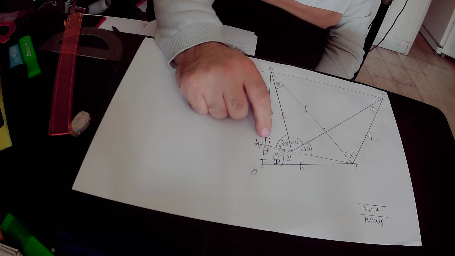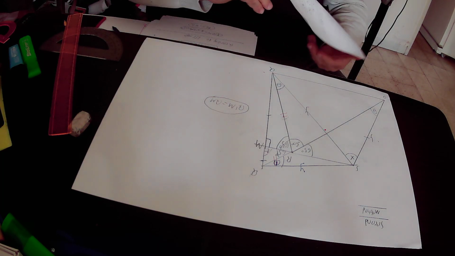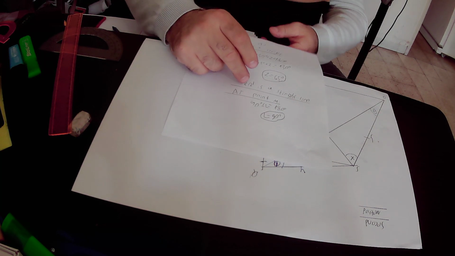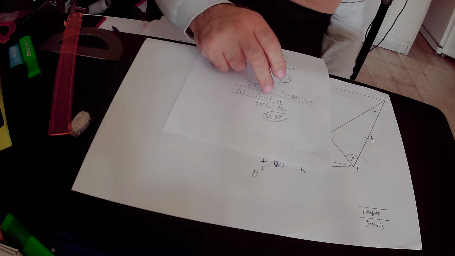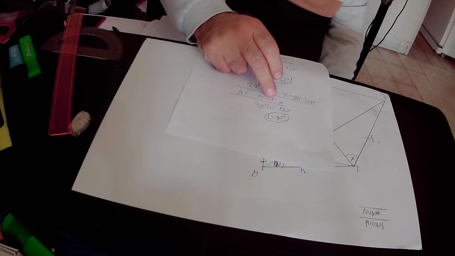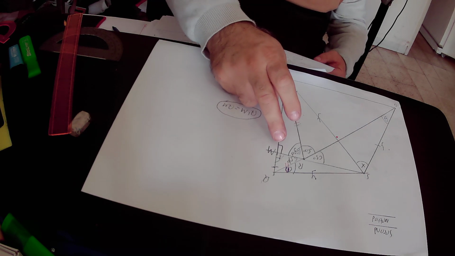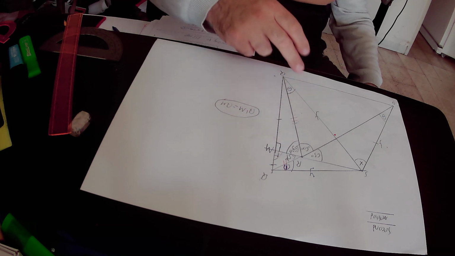That is to say 90 degrees plus the size of this angle L equals 180 degrees. Here we subtracted 90 degrees from this equality and we got that the size of angle L is 90 degrees. That is to say this is a right angle.